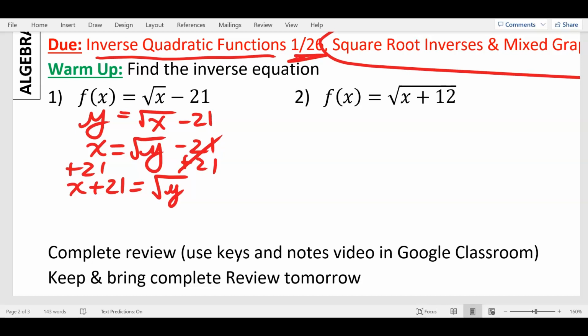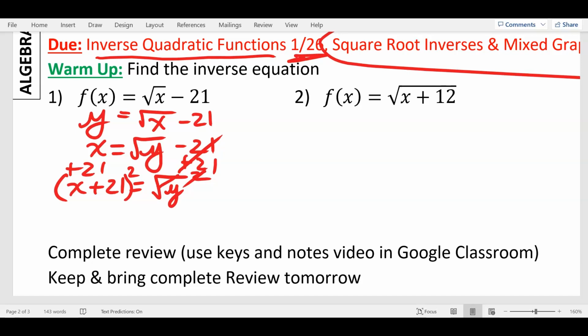You like that? Now, how do you get rid of a square root? Okay, so we learned this Friday. So if you weren't here, the opposite of a square root is squaring both sides. So I'm going to square the square root. It's going to cancel it out. This is important. You have to square the entire left side. So you're going to need to put it in parentheses. The x plus 21 goes in parentheses and square it. Okay? Square both sides to get rid of a square root sign.